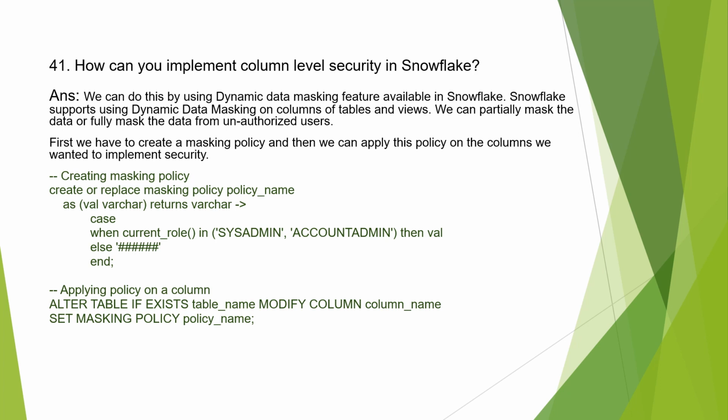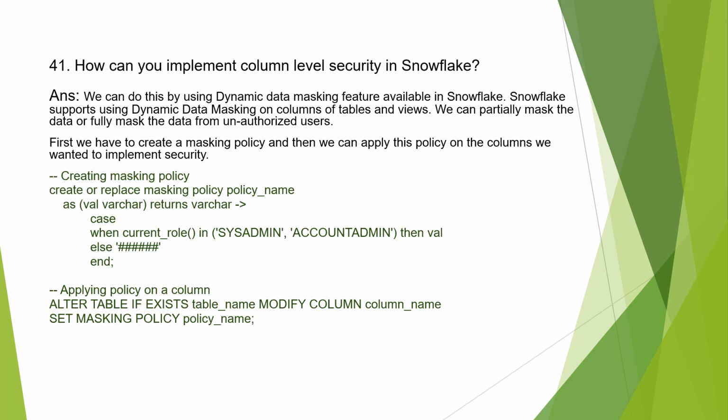Snowflake supports using dynamic data masking on columns of tables and views. So what is dynamic data masking? Suppose there is some sensitive information like a customer's account balance or customer PHI information, and I want to hide that information from the users. We can apply some masking policies over that data.